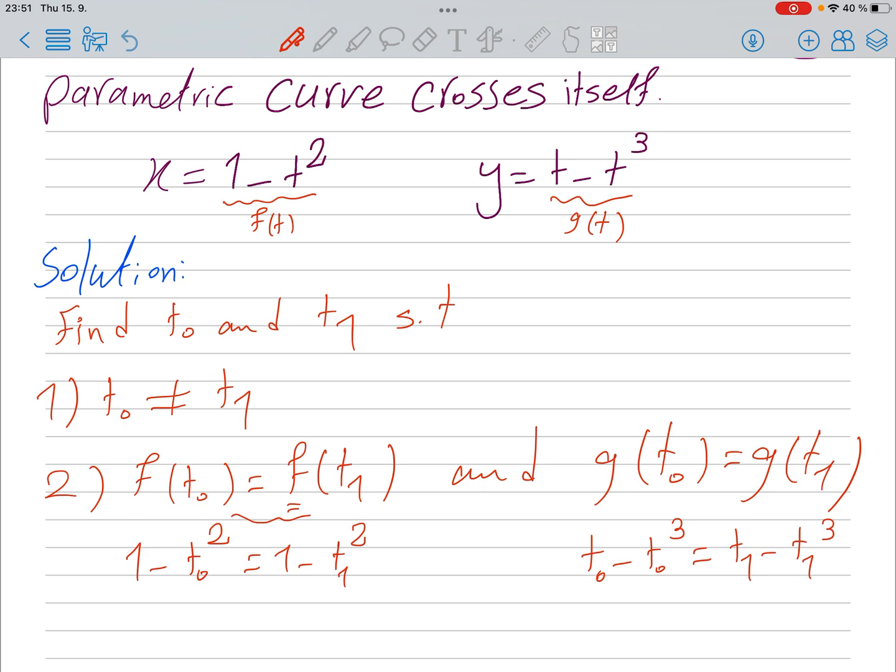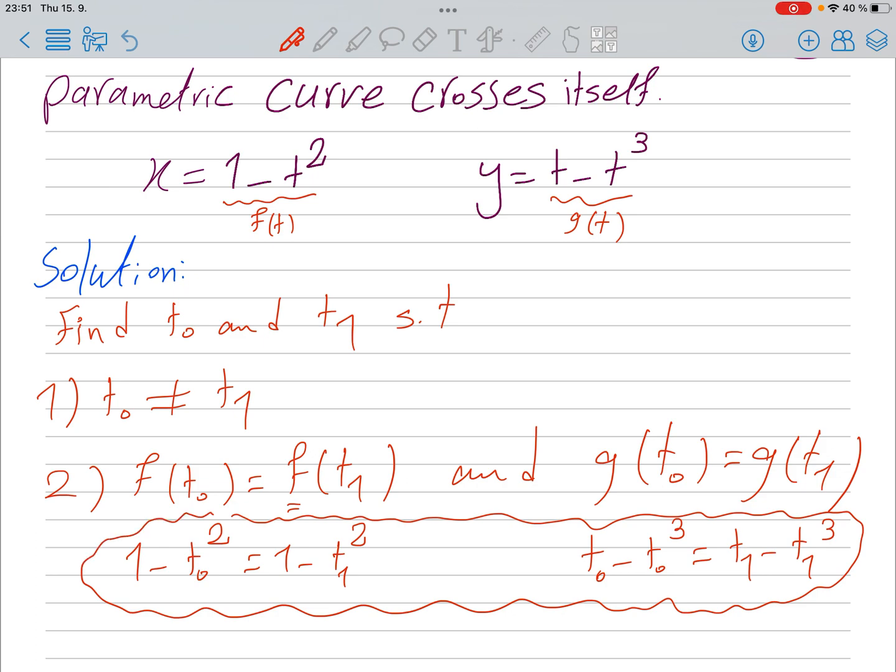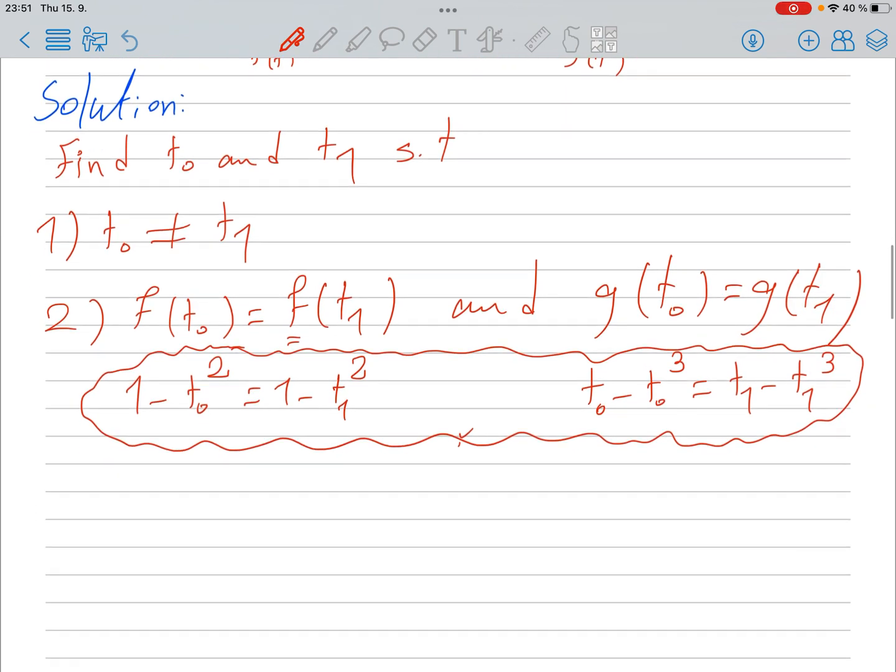So therefore we have to find t0 and t1 that satisfy these equations, right? Let's start with this equation: t0 minus t0 to the third is equal to t1 minus t1 to the third.